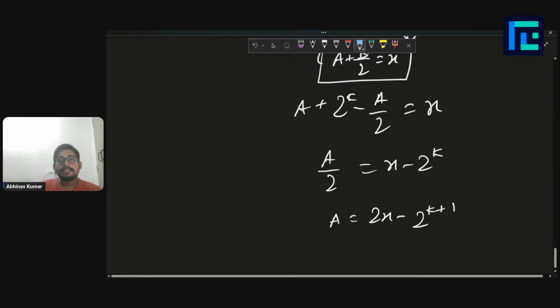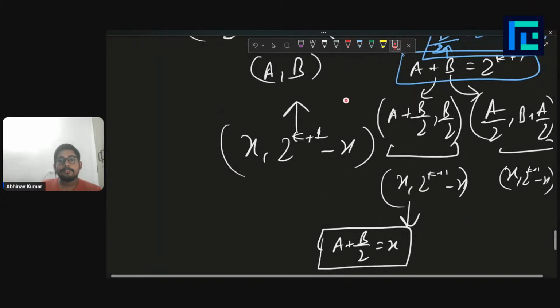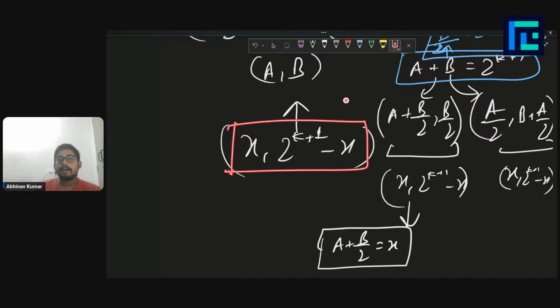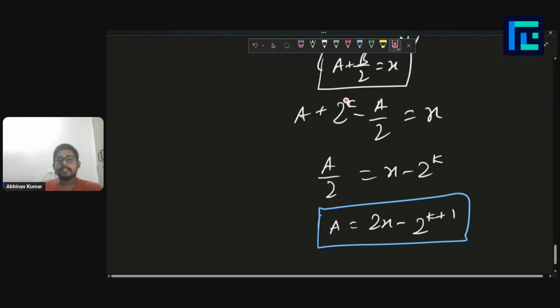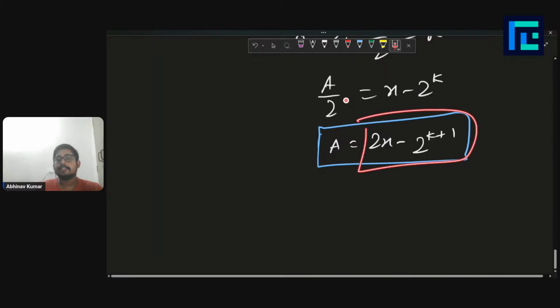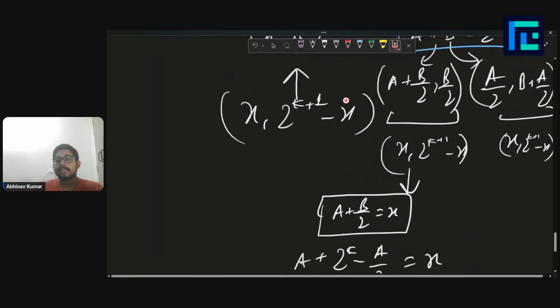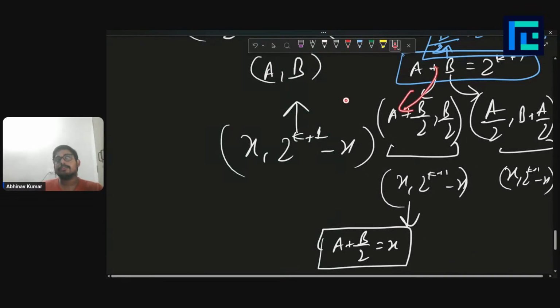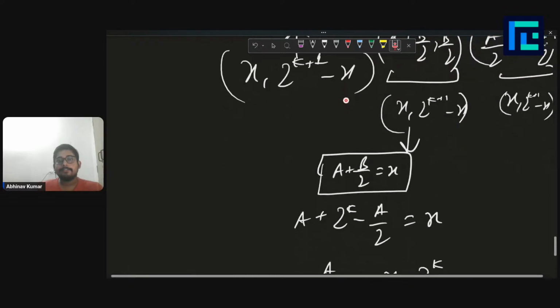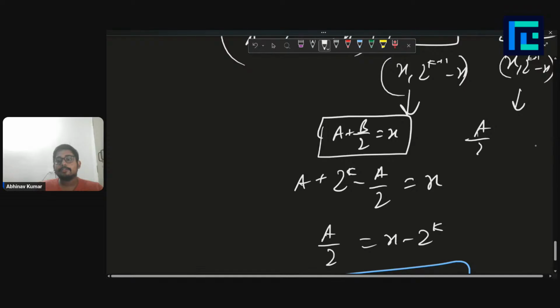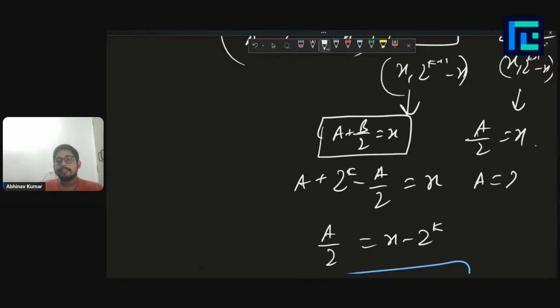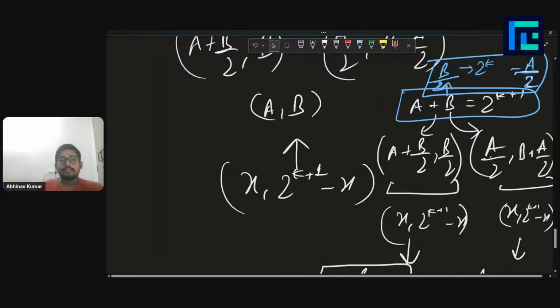So this is one solution: if you are at a state with a value x, then your previous state would be 2x minus 2 to the power k plus 1 if you went through this operation. And if you went through the other operation, then a by 2 is equal to x, that means a is 2 into x. So this is your other option.